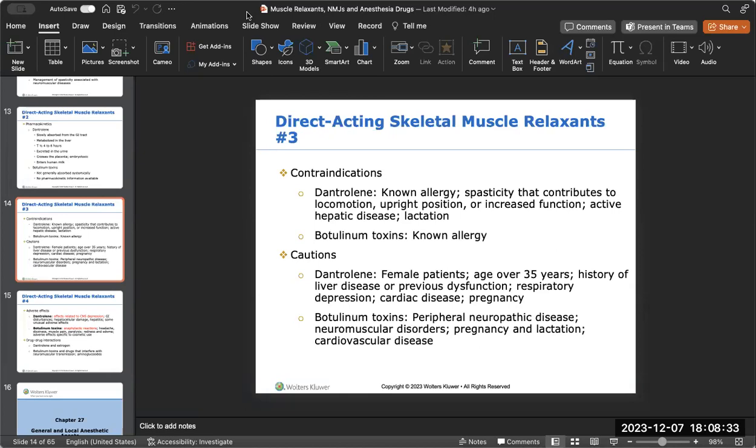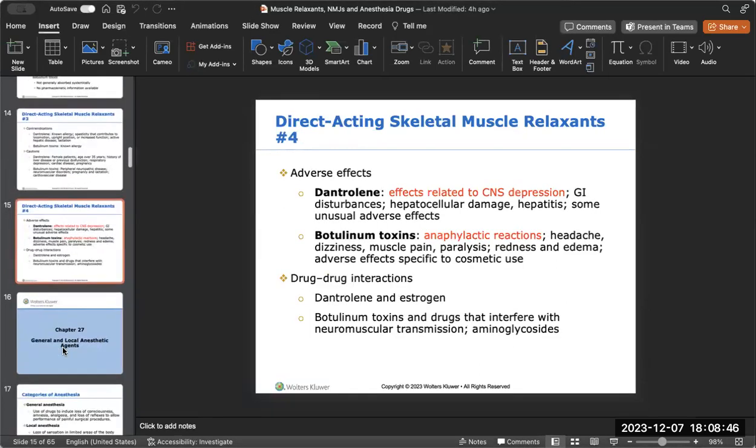So we don't want to give this to anybody who has extreme peripheral or neuro problems, okay? Because it's an interplay of the nerves and the muscles. So with dantrolene, CNS depression, we know we have to watch out for respiratory status.